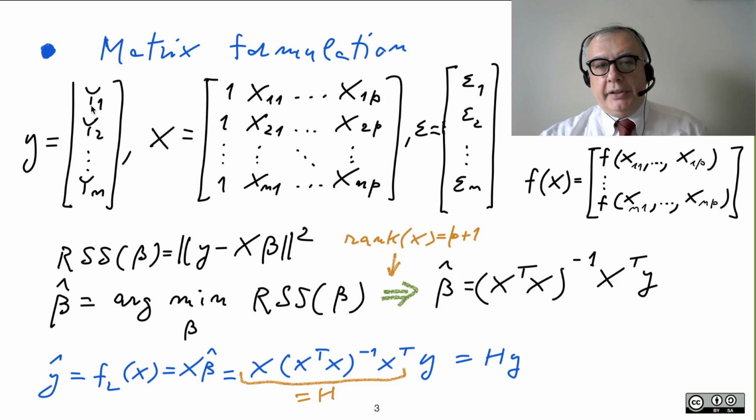Okay, it is useful for us to introduce a matrix formulation of the problem. I just take the responses for the first observation, the second one, and so on, and put them in a column vector. I just do the same for the errors, and here I organize my regressors in a regressor matrix X. Here I have a column of ones which is associated with the intercept.